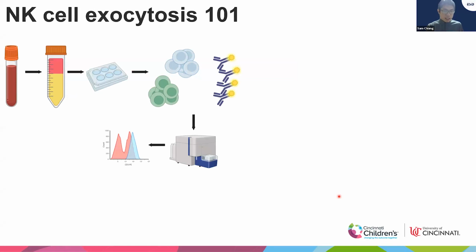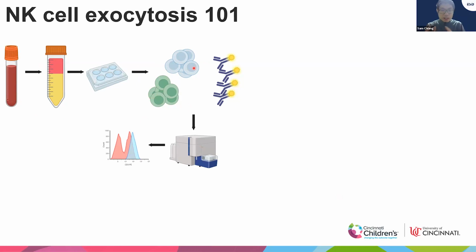I'm not going to introduce HLH, which is hemophagocytic lymphohistiocytosis, primary HLH, FHL, whatever you want to call it. Just 1 slide on how we actually run the test. We always start out with whole blood. This should be a green cap, normally heparin. Ficoll it, plate it overnight to rest the PBMCs. The next day, you have your PBMCs, and you stimulate them by adding in K562 or PI, some kind of stimulation.